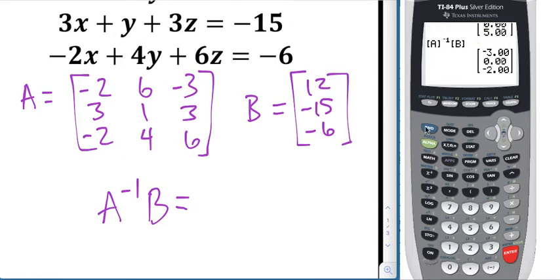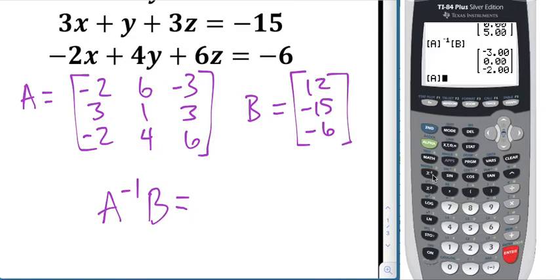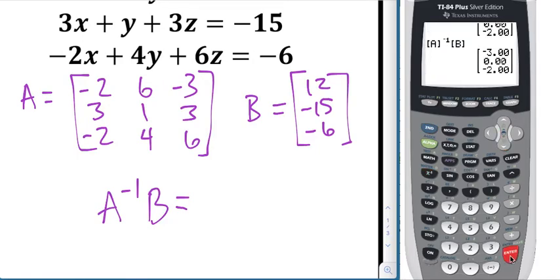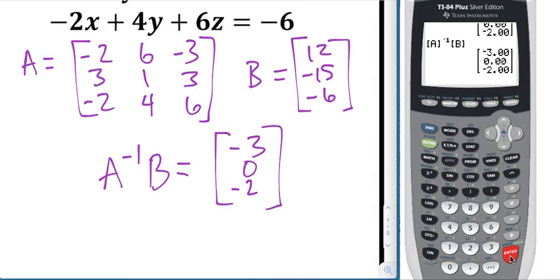If it does not, you will go second matrix, select A, press our X inverse, second matrix, go down and select B, and press enter. All right, so our matrix is -3, 0, -2. So again, that means X is -3, Y is 0, and Z is -2. So that would be the matrix we're looking for.